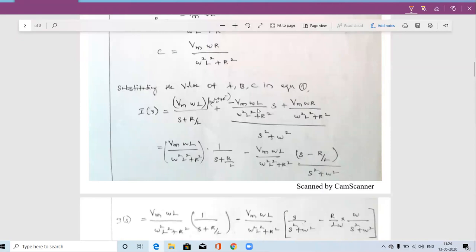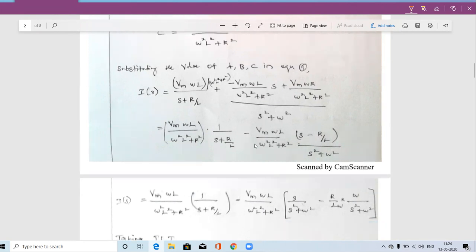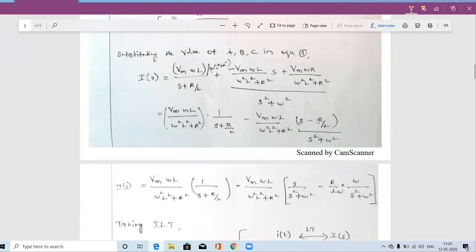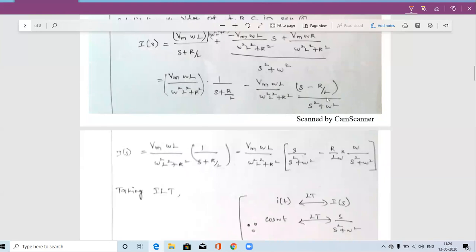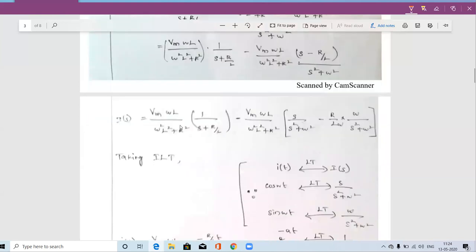But in this numerator, except this L, the rest remain constant. You take that one, you can write it as s minus R by L. Write it like this. And this one write as it is. Now in this equation we have to split, split this into 2: s by s squared plus omega squared minus R by L by s squared plus omega squared.